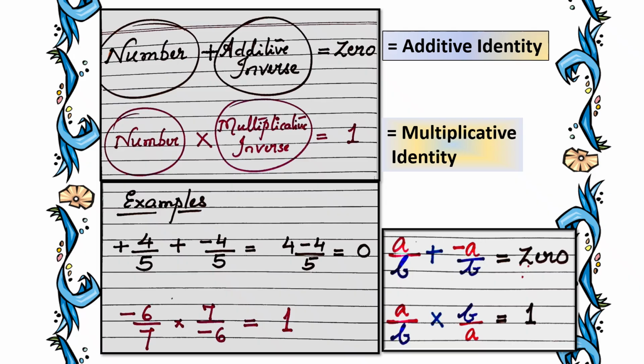The generalized form of this can be written as a by b plus minus a by b is equal to 0, where a by b and minus a by b are mutually opposites. Also, a by b into b by a is equal to 1, where a by b and b by a are the reciprocals of each other. Two examples are provided for each.